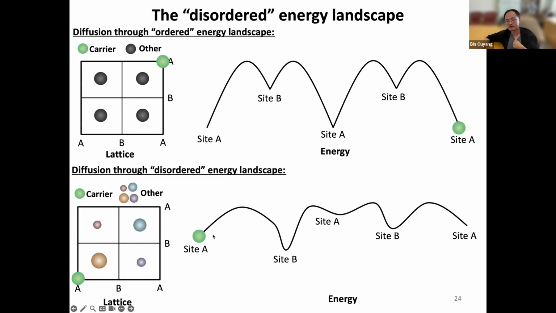And in that case, you have some kind of a wiggled energy landscape. And there's no fixed diffusion barrier anymore. So there are an infinite amount of diffusion barriers, really depending on the local environment. If you consider long range interaction, that's definitely infinite. But if you only consider short range, there's still a lot of choices.